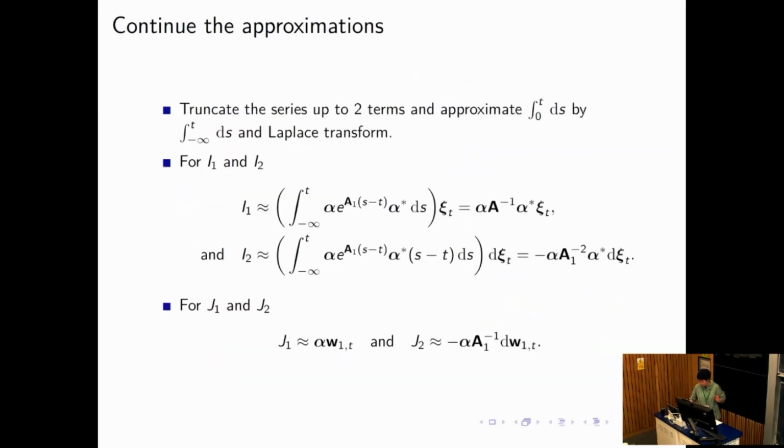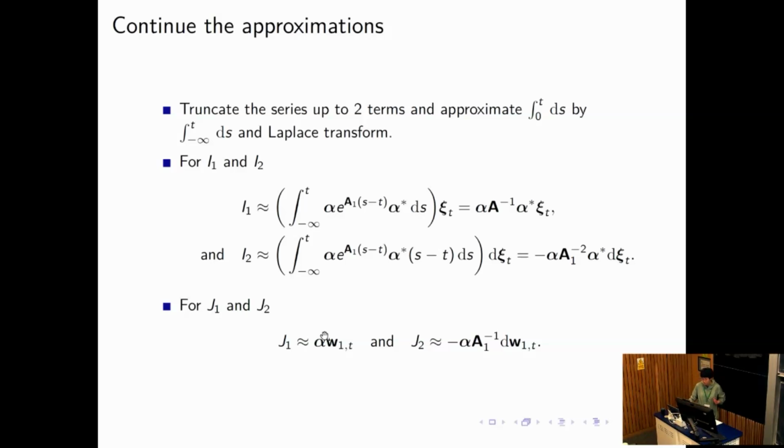And for the overdamped Langevin system, you have a dissipative diffusion process, and therefore you can approximate 0 to t by negative infinity to t and apply the Laplace transform. You can get a neat expression. And the same idea applies to J1 and J2.